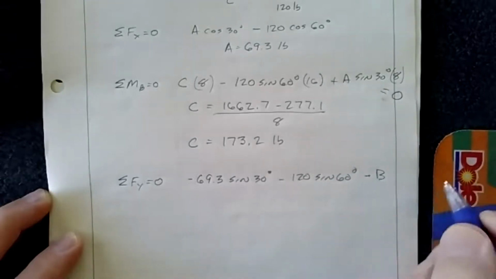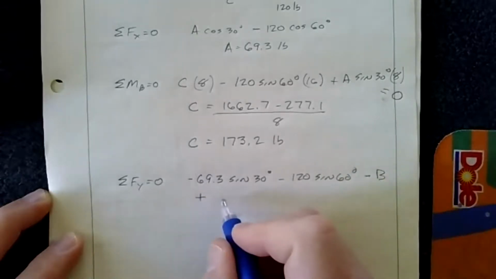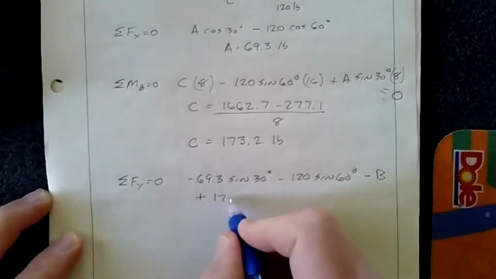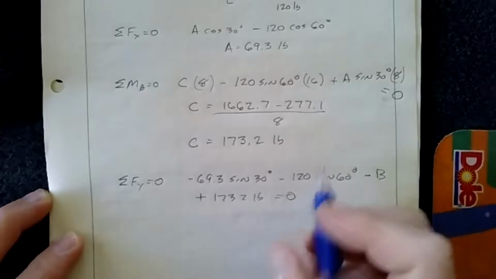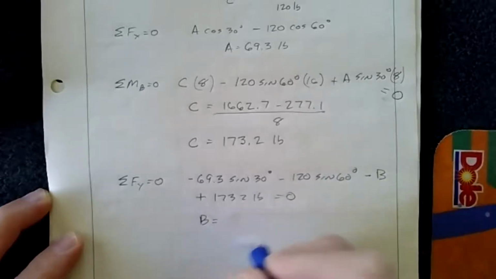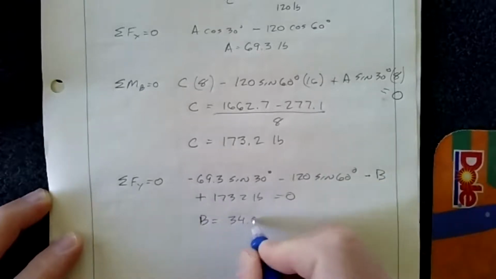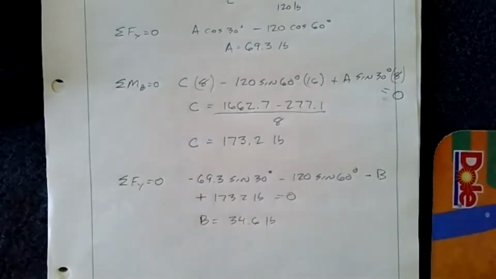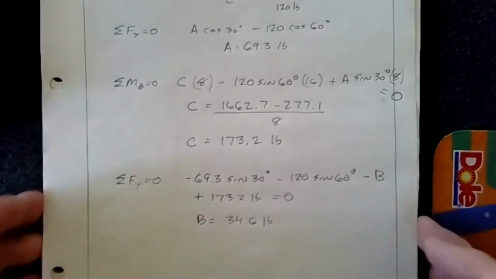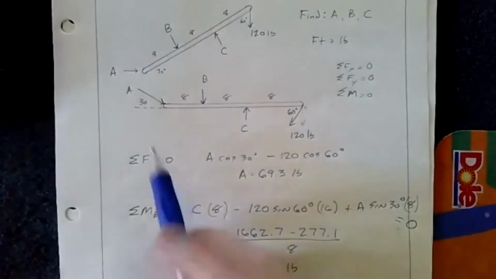Minus B, which is also going down, and then plus C, which is straight up, 173.2 pounds. That all equals 0. And so I end up with B equal to 34.6 pounds.